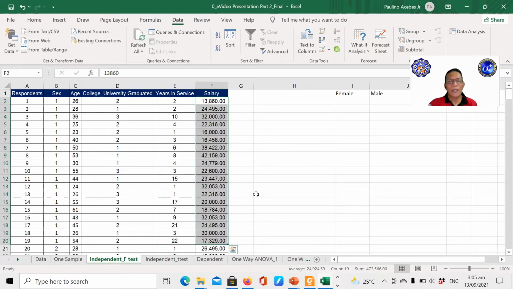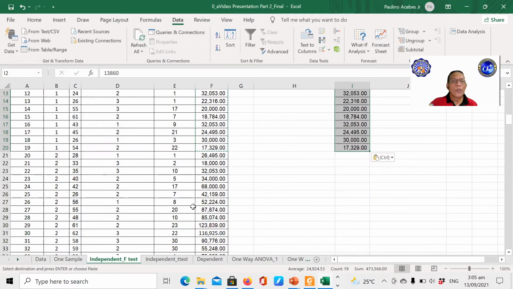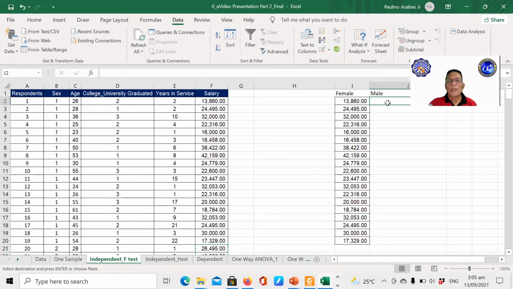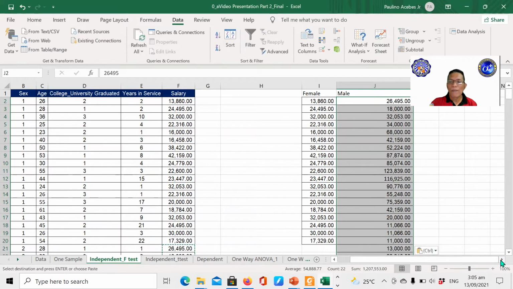Which one has significantly higher salary? And then we go to the male.